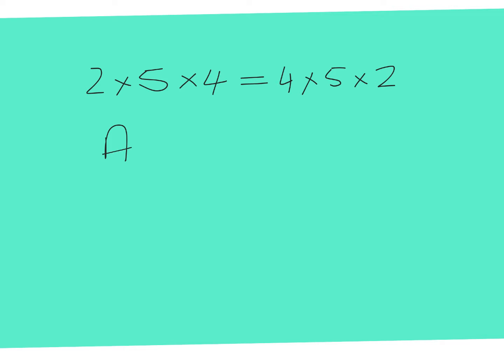Now in multiplication, if we had 2 times 5 times 4, for example, we could also write that as 4 times 5 by 2. And this is actually called the associative law for multiplication.